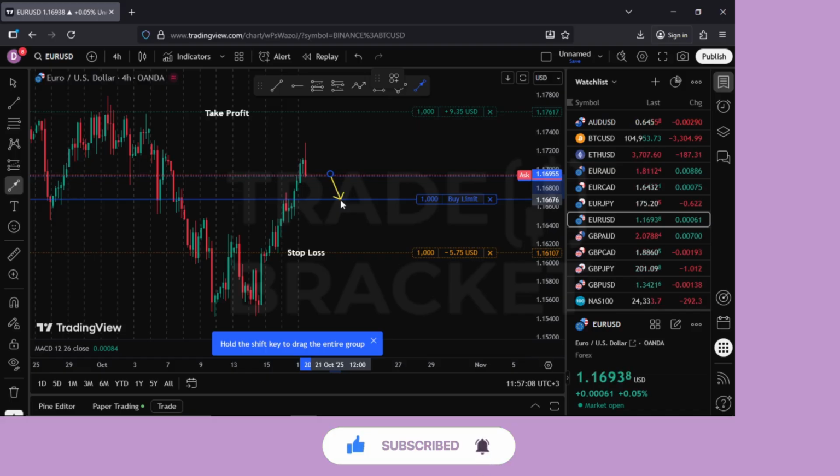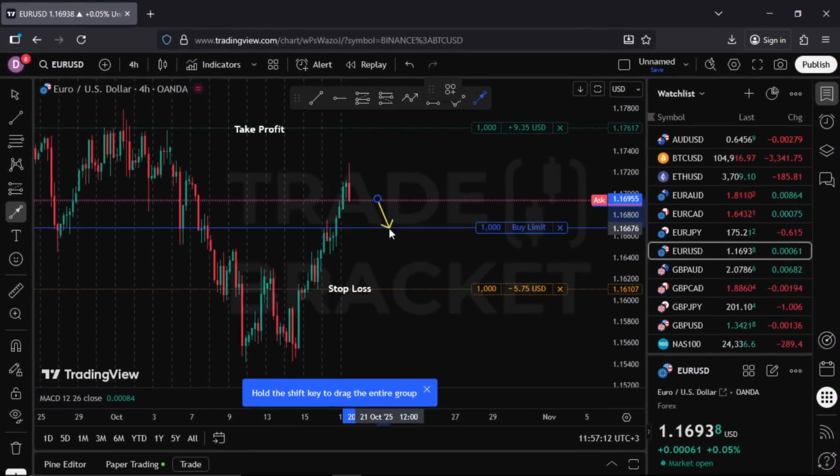It will be automatically executed. I won't be on the charts; this will be automatic. When it's triggered, if it keeps going down and hits this orange line, I will exit the market with a loss, and this will also be done automatically.